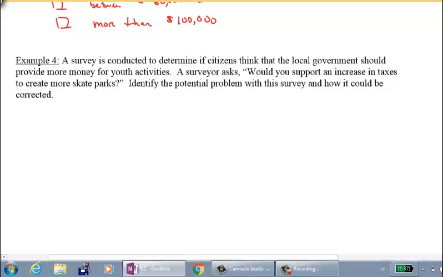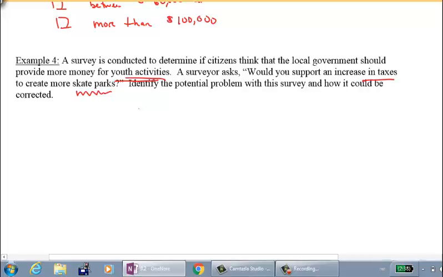Okay, read number 4. Well, this one's a little interesting. You're asking government to provide more money for youth activities, and then you're saying, hey, would you support an increase in taxes? I can see that. But to create more skate parks? You're saying only youth like skate parks? That's kind of weird.